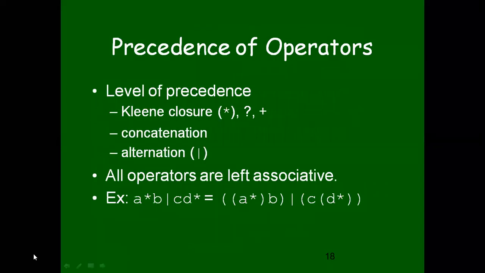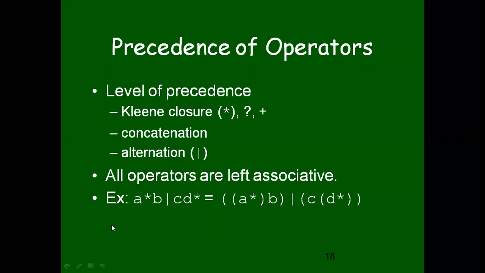Precedence of operators. See here, the level of precedence: the first one is the Kleene closure, then the question mark, then the positive closure, next concatenation, and next alternation. See here we have an example.